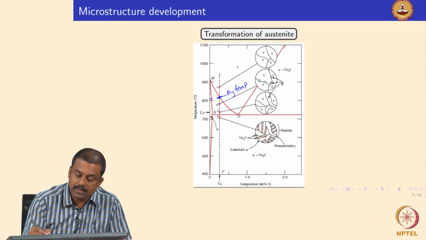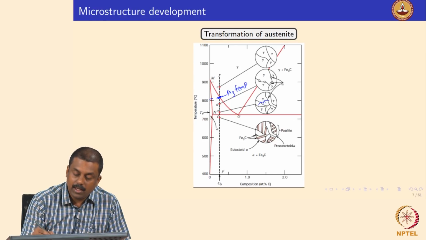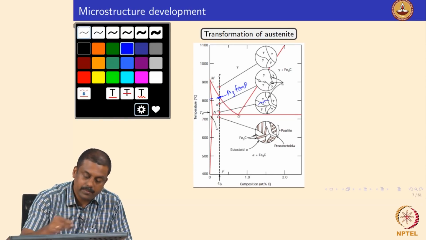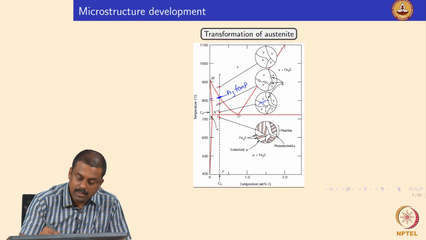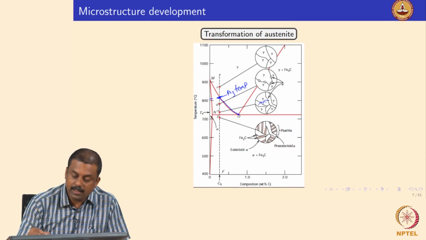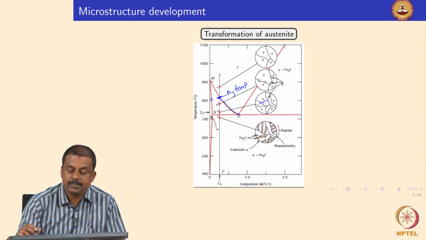In this case, this is ferrite, and during this process, the carbon would go out of ferrite into austenite, segregating into the austenite, and your austenite carbon concentration would change according to this line. The moment your austenite carbon concentration reaches this point, you would trigger the pearlitic transformation. It is nothing but a mixture of ferrite and cementite.